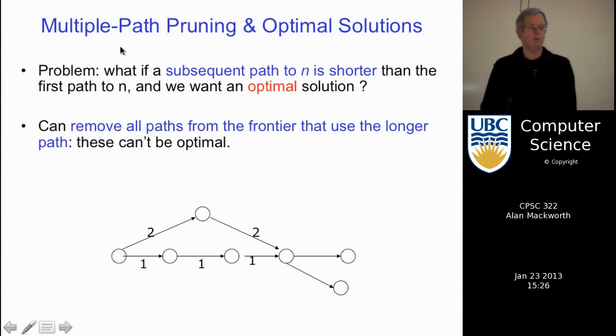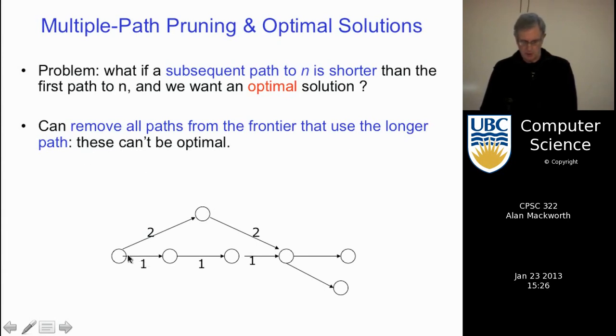However, what if you want optimal solutions, which you usually do? So what if a subsequent path to n is shorter than the first path to n? We want an optimal solution, and we're going to work on an example of that. So you can remove all paths from the frontier that use the longer path, right?